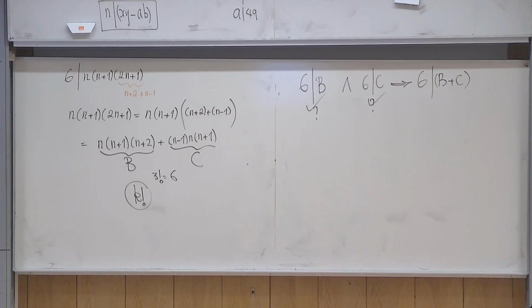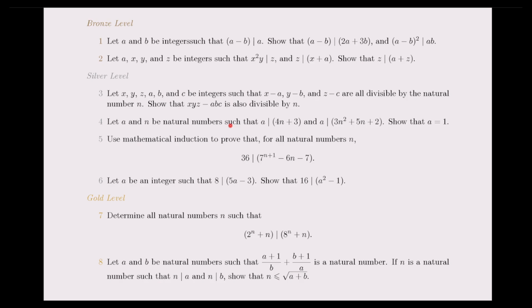Okay, so let me fix everything. Yes, so these are problems. There are 8 problems. Based on my own judgment, the first 2 are bronze level, so immediately you should be able to do them if you understand the content of the lecture. Problems 3, 4, 5, and 6 are silver level, a little bit higher level.